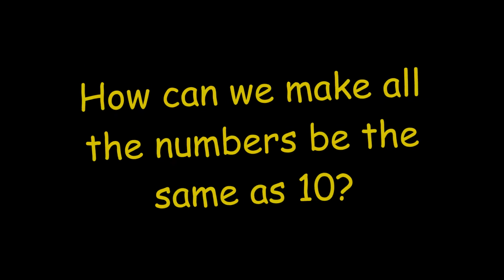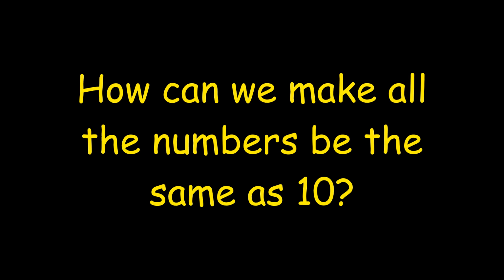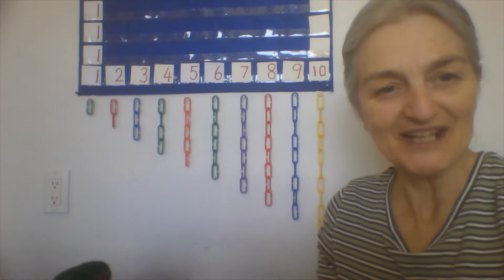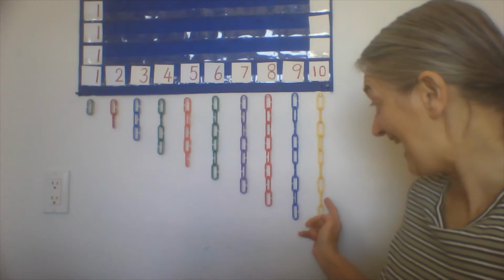How can we make all the quantities be the same quantity as 10? How can we make them all be the same amount as 10? Okay, so here's my 10.